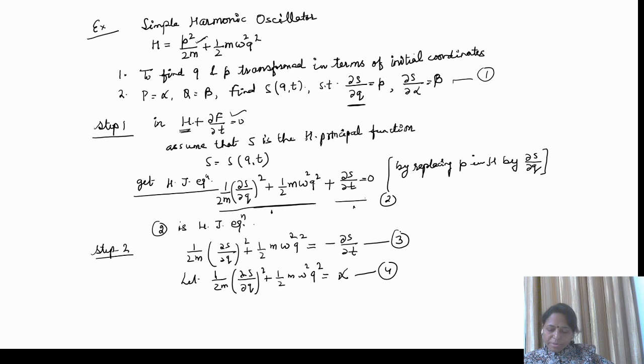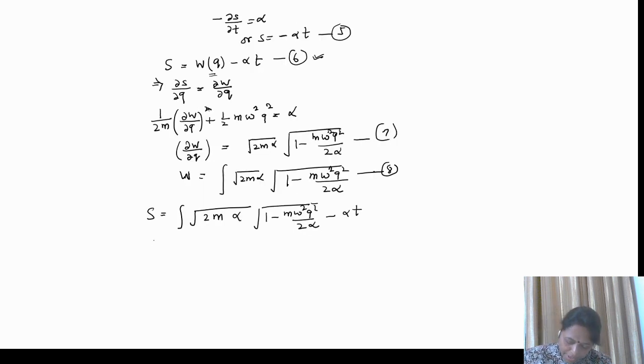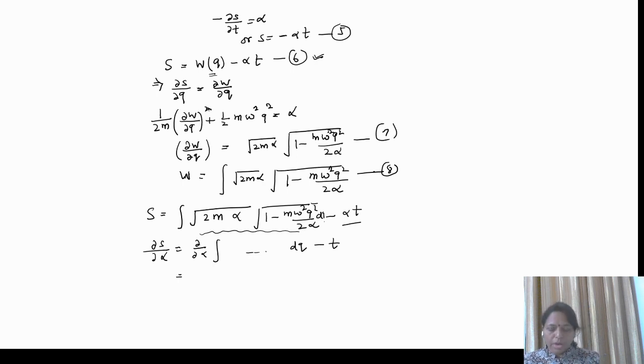Now you look at the previous sheet. I'll find ∂S/∂alpha to get beta. You look at equation 1. So what I do, I differentiate this S with respect to alpha. So I'll write like this: the integral, dq, minus t, because when you differentiate it with respect to alpha, you will get only minus t. This integral is with respect to q and you have to differentiate with respect to alpha, so both can be exchanged.